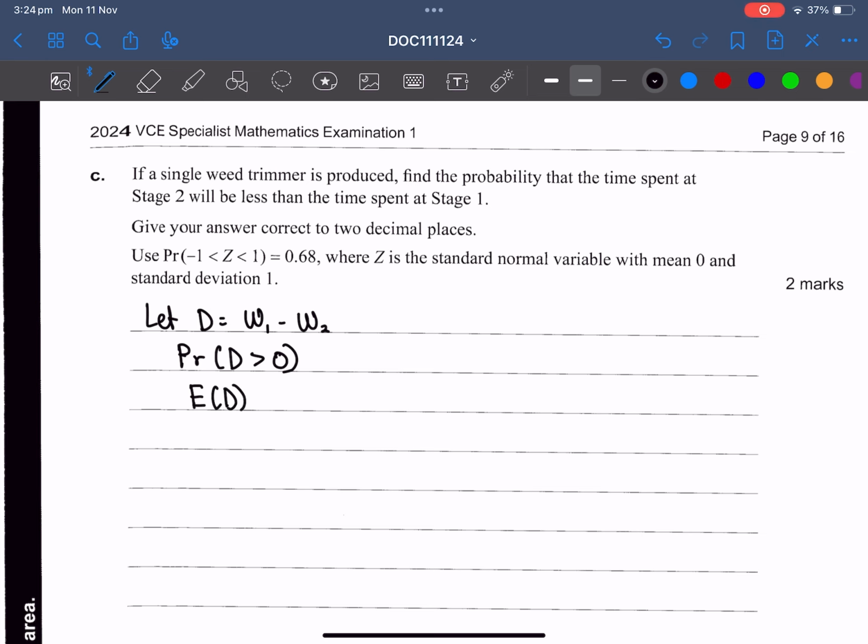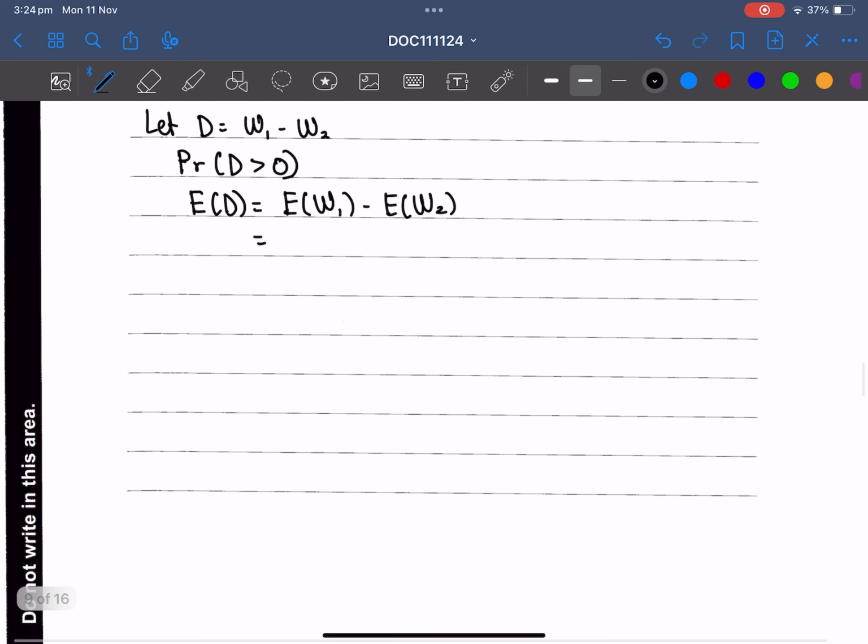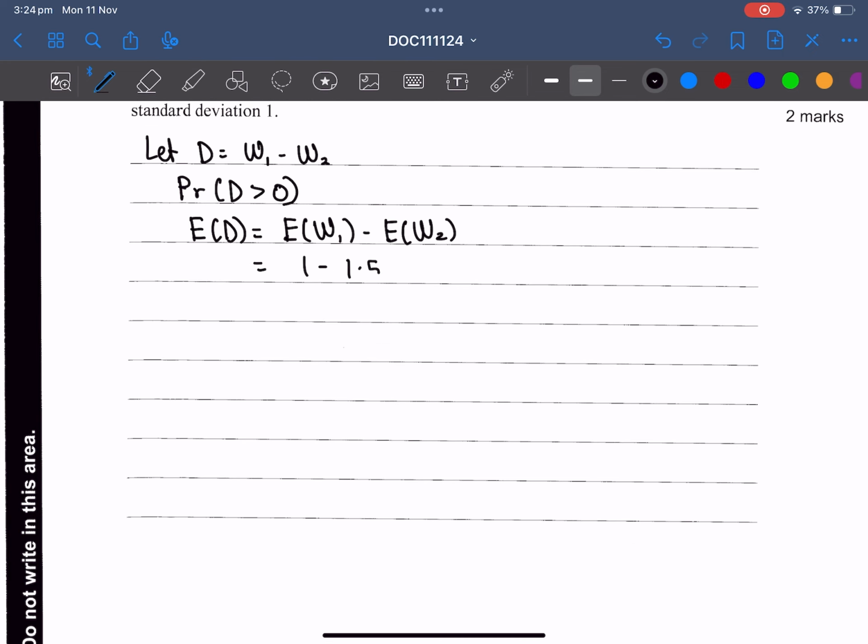So let's start by finding the mean. That will be E[W1] minus E[W2]. So what was the mean? That was 1 minus 1.5, which is minus 0.5 hours. Then we'll find the standard deviation, but we'll start with the variance. So variance of D is going to be variance of W1 plus variance of W2.